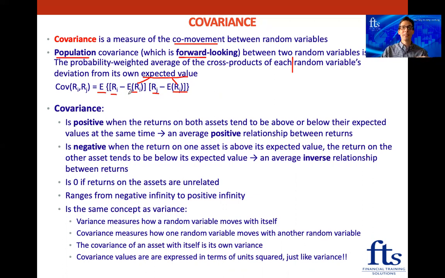And what we need to do is multiply these deviations together. That's why we're talking about here the products of these deviations. And once we've multiplied the deviations together, we also need to multiply by the probability of the scenario happening, which is the E. So we are going to be doing an example on the next slide, which will help to clear this up, because it's actually quite difficult without an example. But once we've done the example, we'll have a better understanding what's going on here.